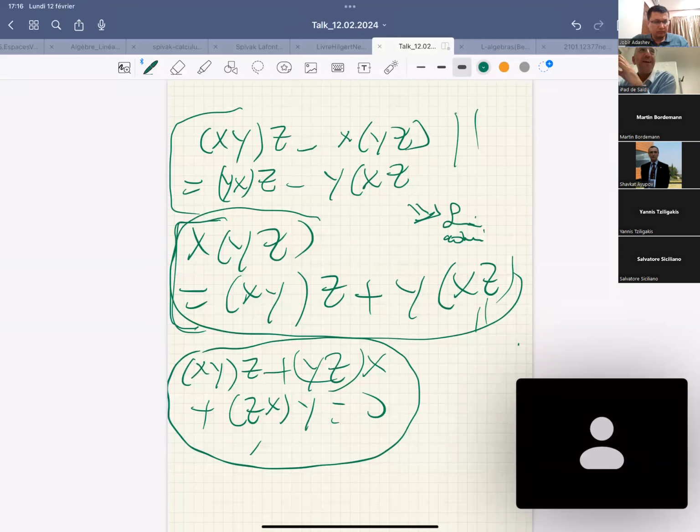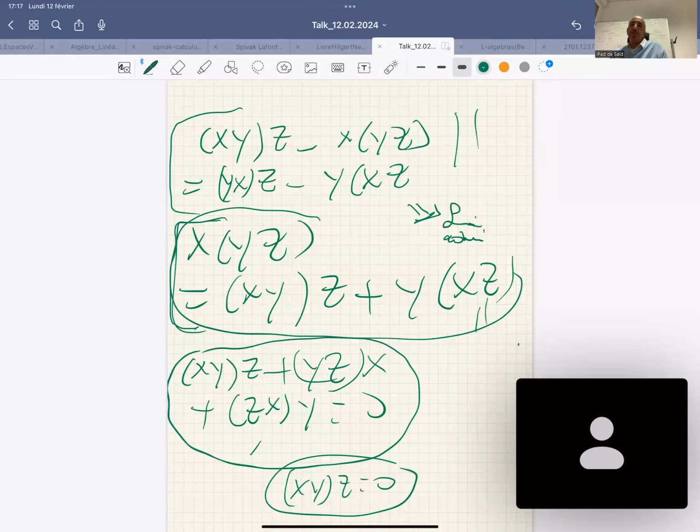In this case, you have equivalence between left Leibniz and Novikov. It's the same. And in this case, the class is very easy, just three.